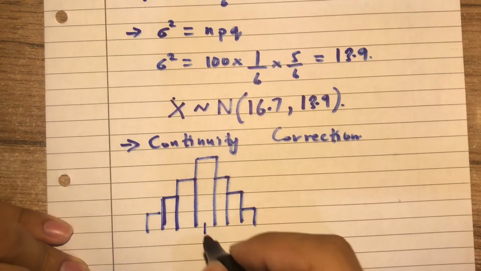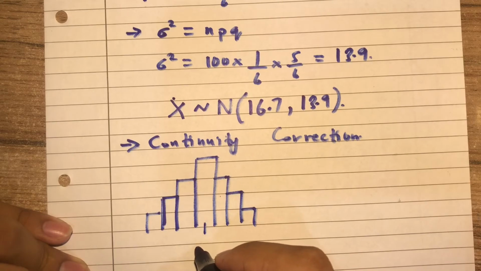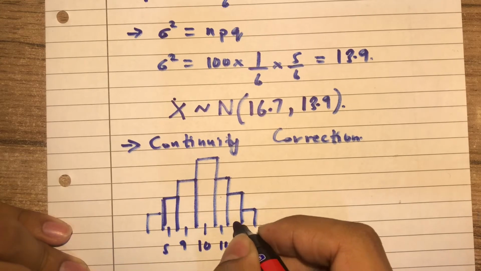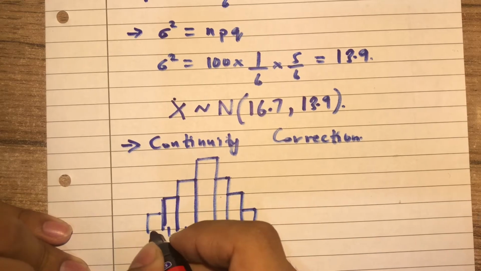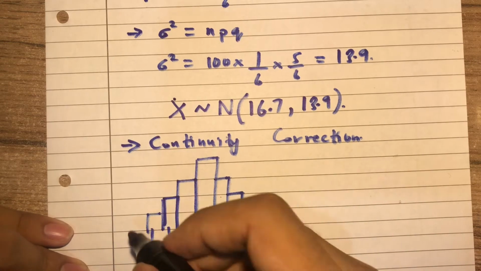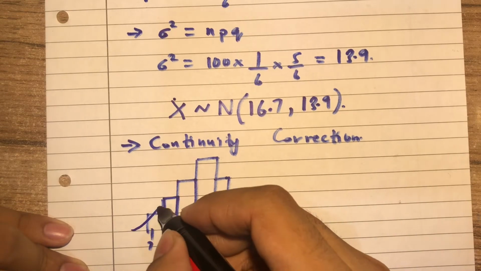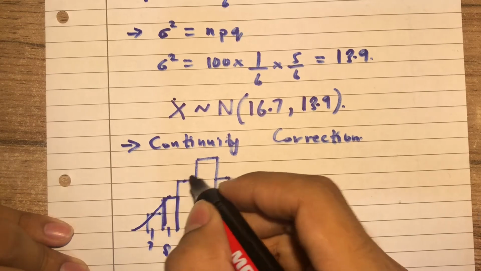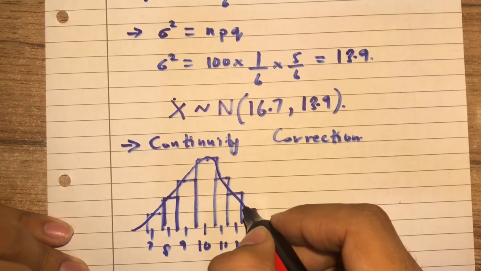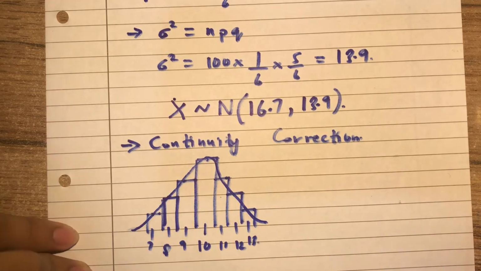Now this represents, for example, let's say 10, this represents 9, this represents 8, 11, 12, 7 and 13, right? So when I make the histogram, I'll join the midpoints of these for the curve, and this will be the normal curve, right?